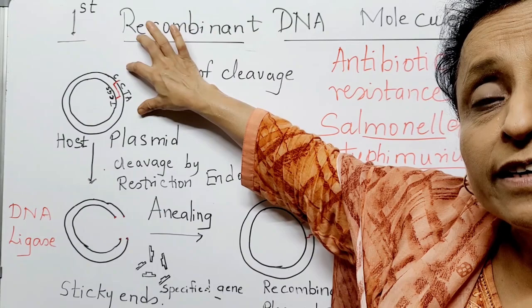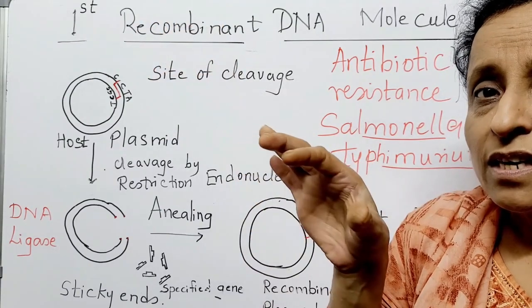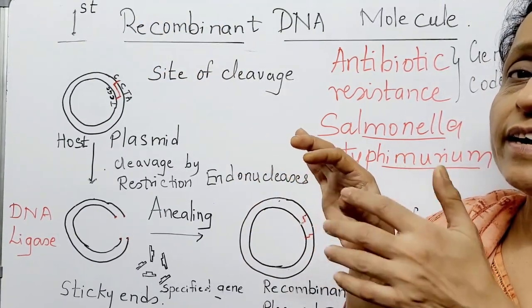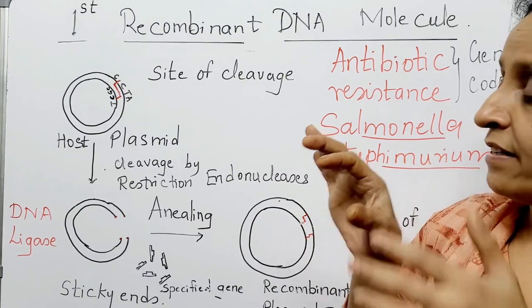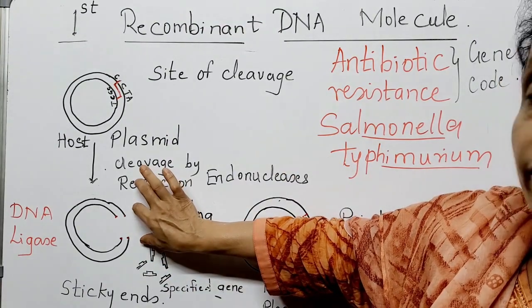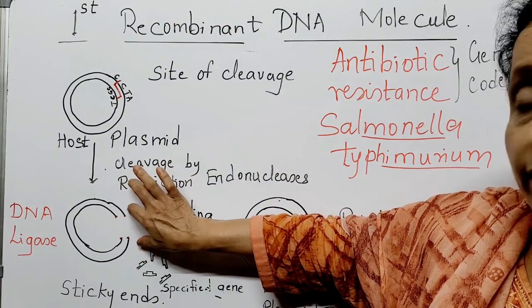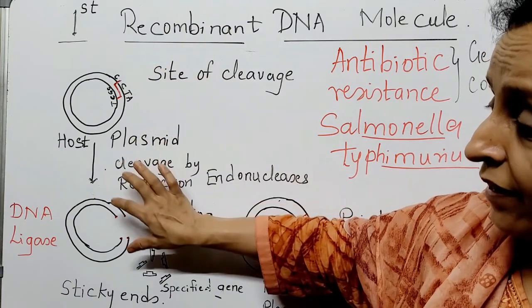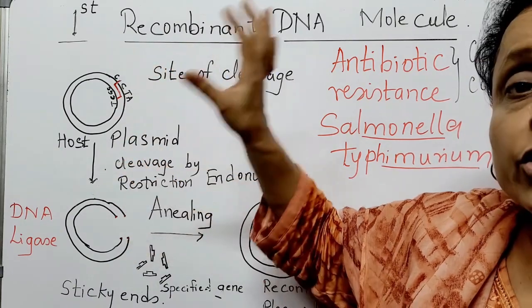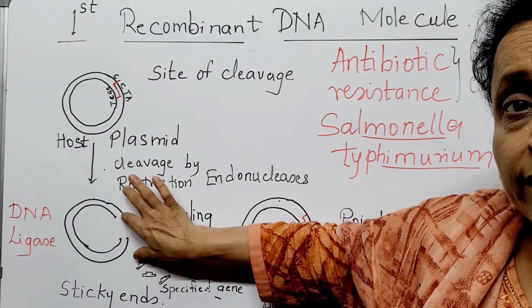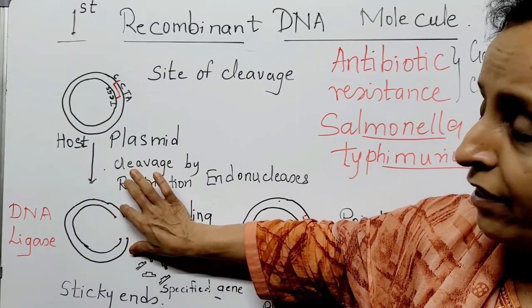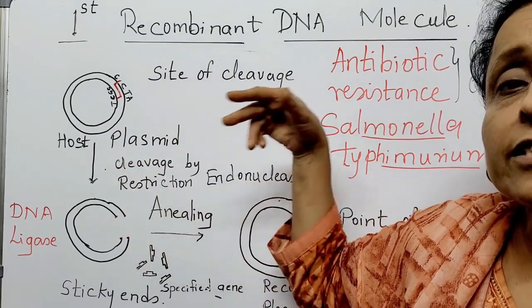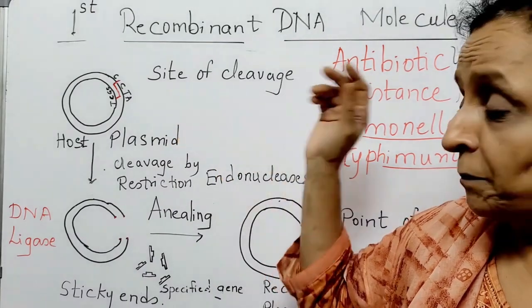Here the cutting is done. Once it is cut, it has got sticky ends. A cut is given to this by annealing, by giving it temperature, making the DNA single stranded, and cutting here with the restriction enzymes.